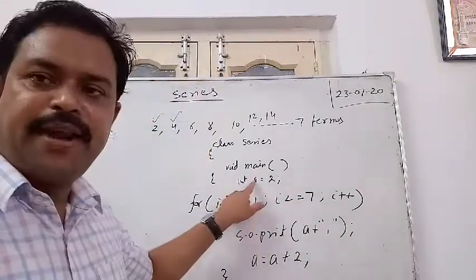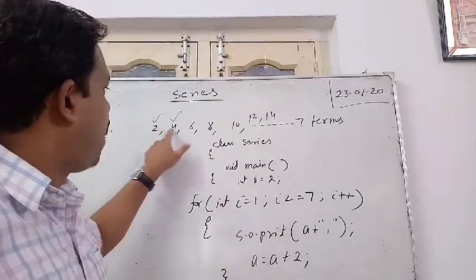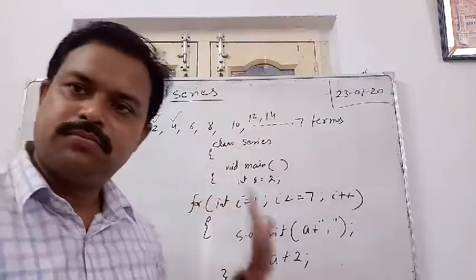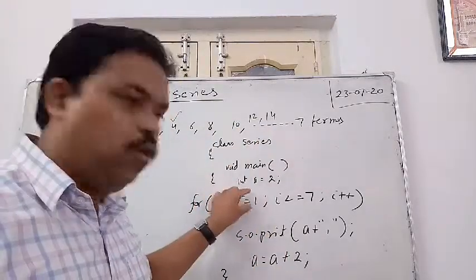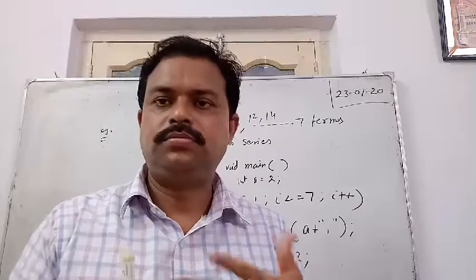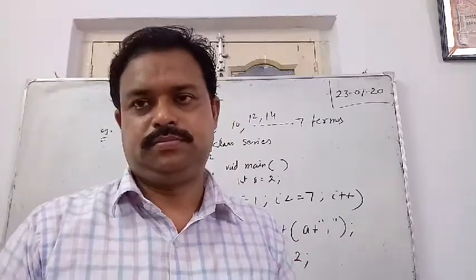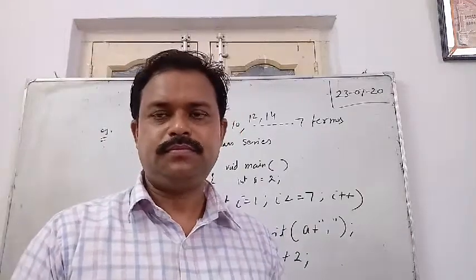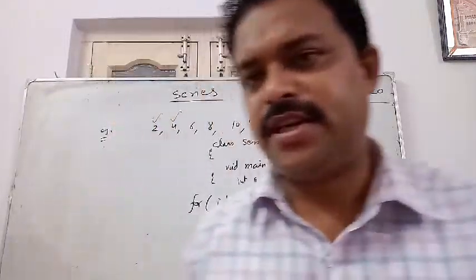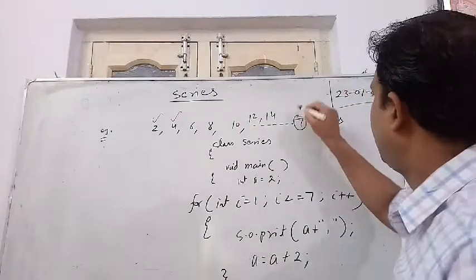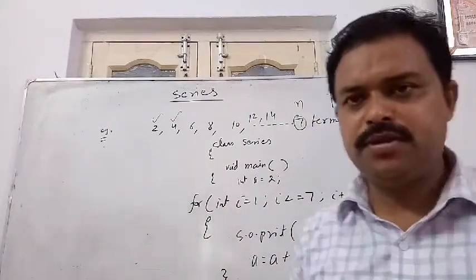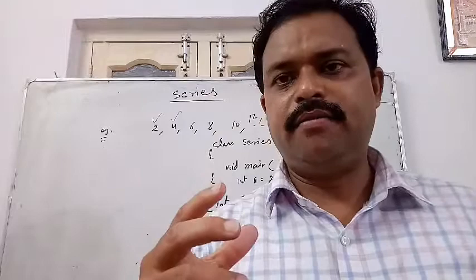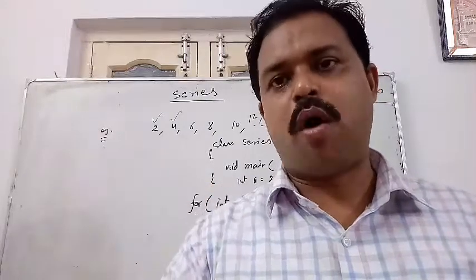So I have taken the variable A in order to manage these values, and the loop is only for number of terms. Now suppose the examiner says you have to print n terms. N terms means the user will tell the value of n: how many terms do you want?